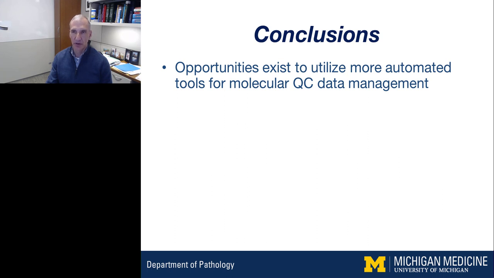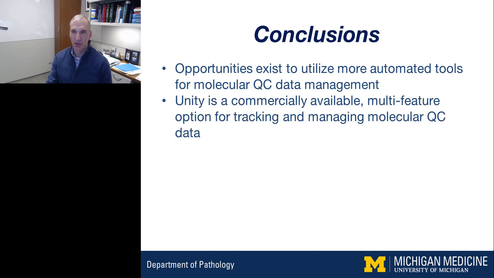It's a much better use of their time being technologists as opposed to administrators. I think Unity, I hope I've shown, is a commercially available multi-feature option that you can use to track and manage QC data in a very streamlined way. And as I mentioned, the automated capabilities when it's interfaced to your instrument enhance that ease of use.